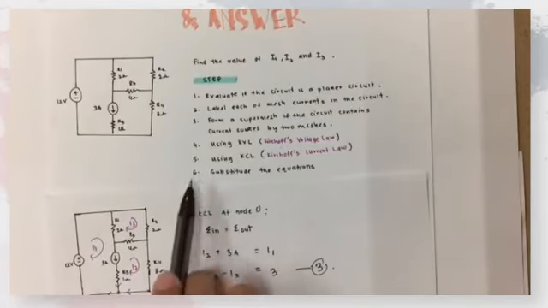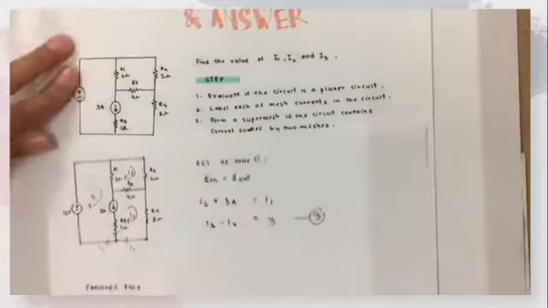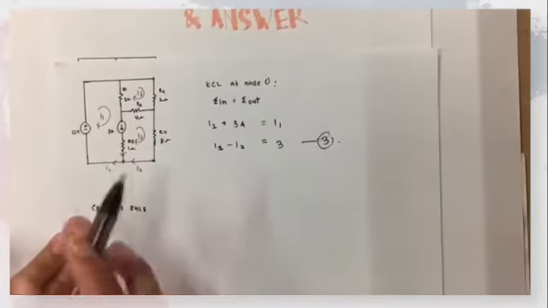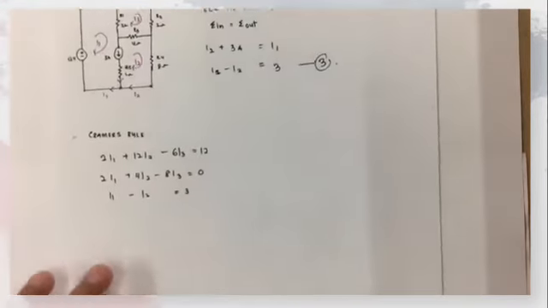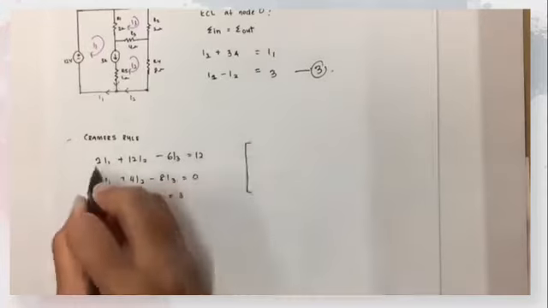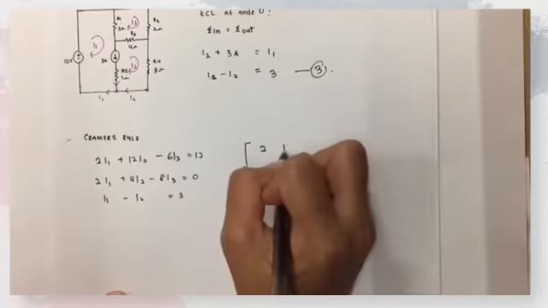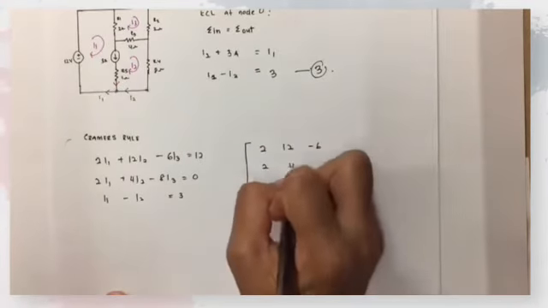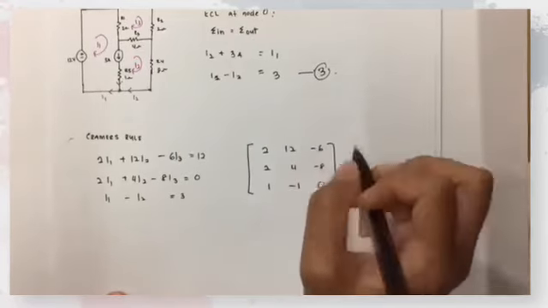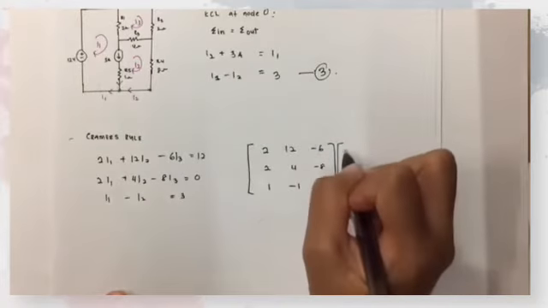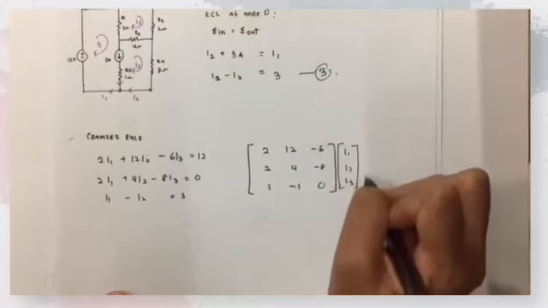For step 6, substitute the equations by using Cramer's rule, we have equation 1, equation 2 and equation 3. This one: 2, 12, negative 6, 2, 4, negative 8, 1, negative 1, 0. I1, I2, I3.